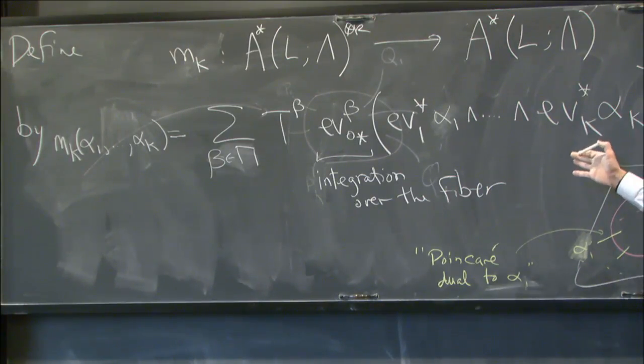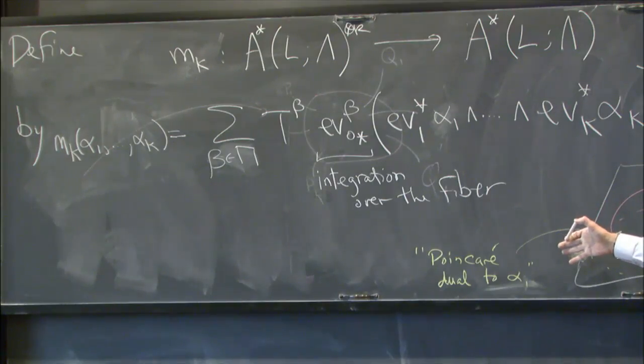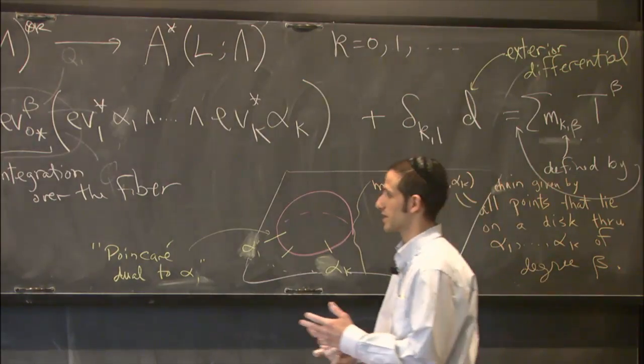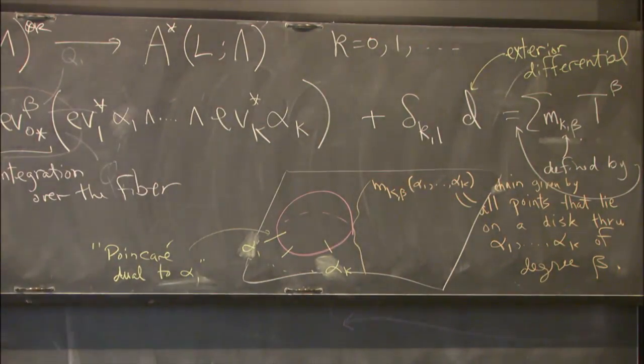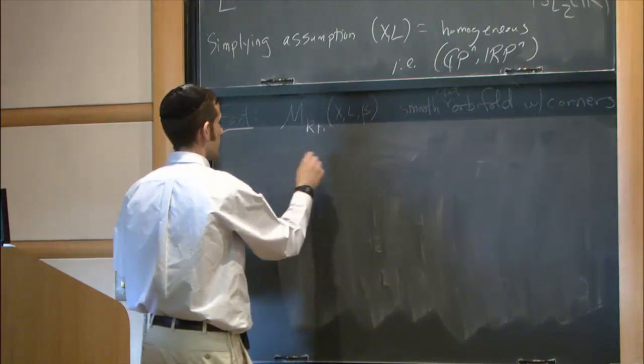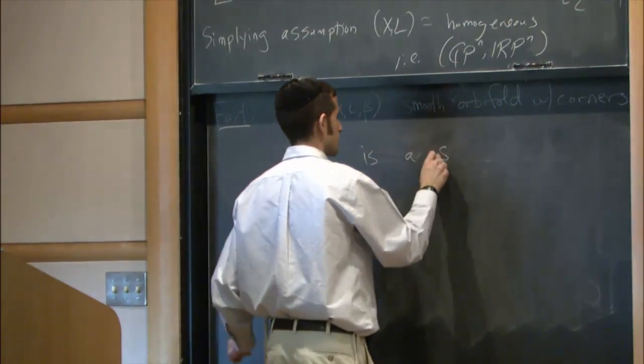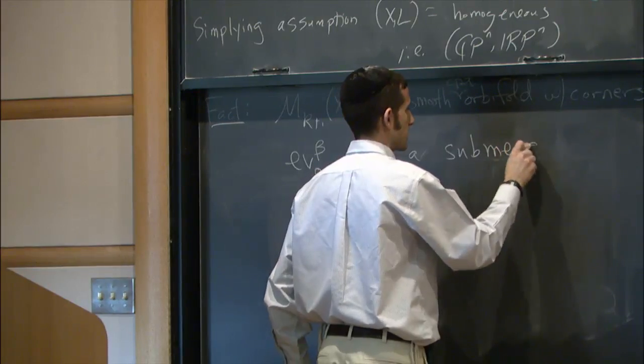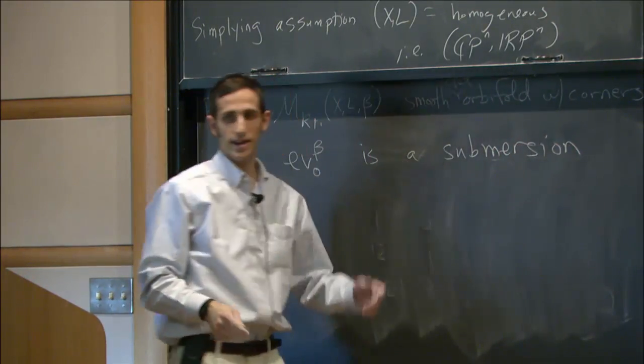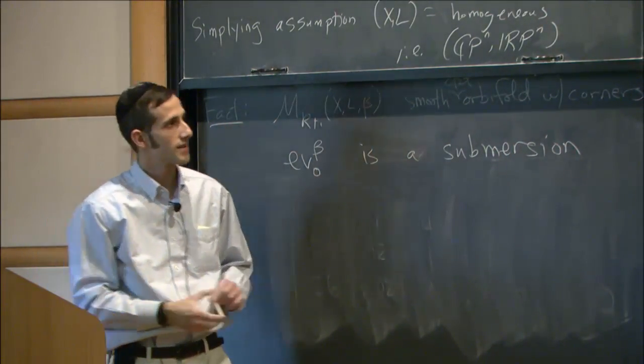So you want me to say what the integration over the fiber means? Why it works here? Okay, so I should have said, it's a smooth manifold with corners, and the evaluation map is a submersion. I forgot to add that. And it's compact, it's proper. I'm actually still confused.